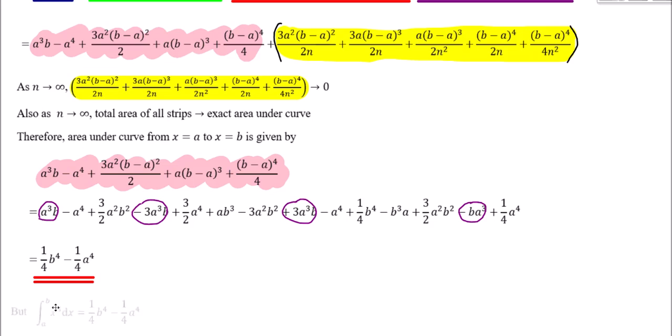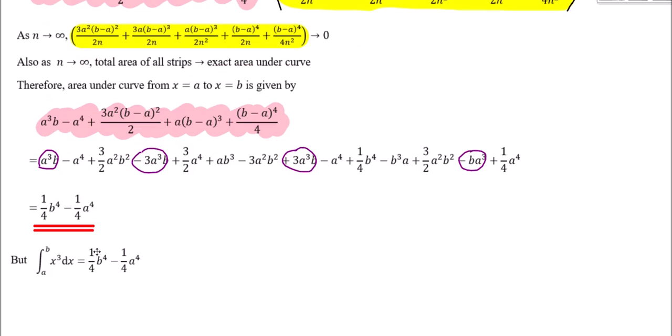So obviously we know if we just take the integral from a to b of x cubed dx, integrating x cubed dx between a and b, we'd get 1/4 b to the power 4 minus 1/4 a to the 4.